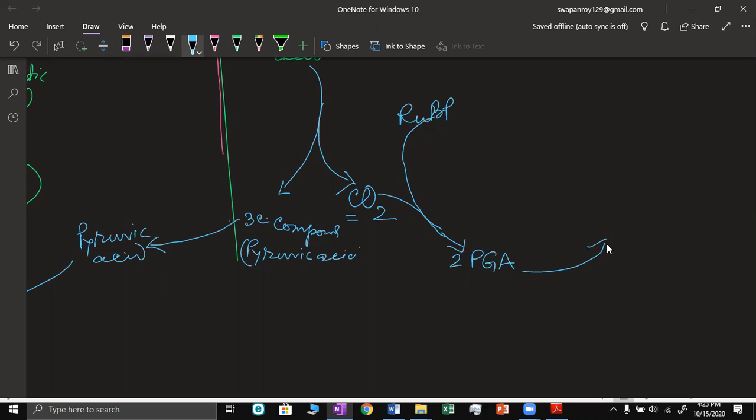Phosphoglyceric acid is converted into phosphoglyceraldehyde, then to sugar, starch, and from some molecules, through the regeneration process, RUBP is produced again. This one is C3 cycle.